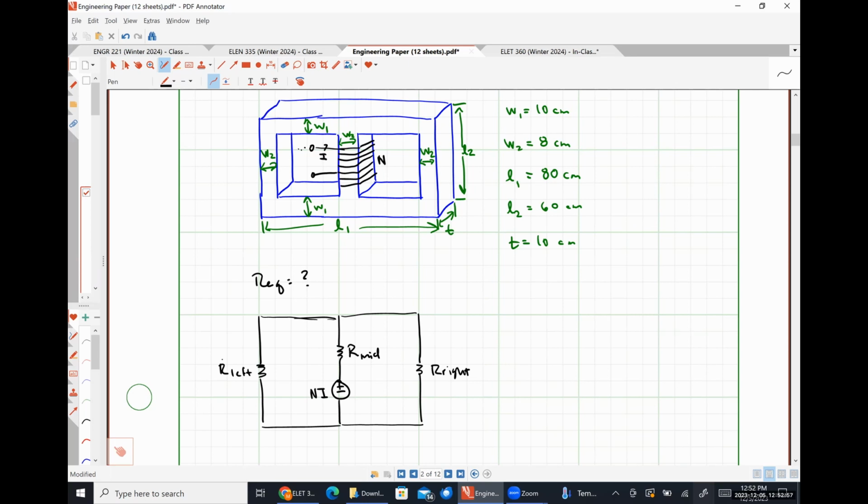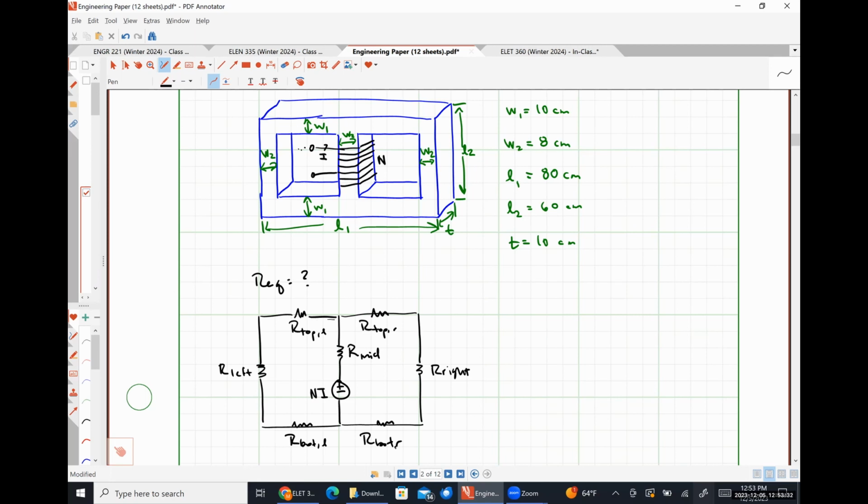So we might want to call this guy up here R top left, this guy right here R top right, this guy down here R bottom left, this guy down here R bottom right, like so. We can figure out what all of these pieces are pretty easily.